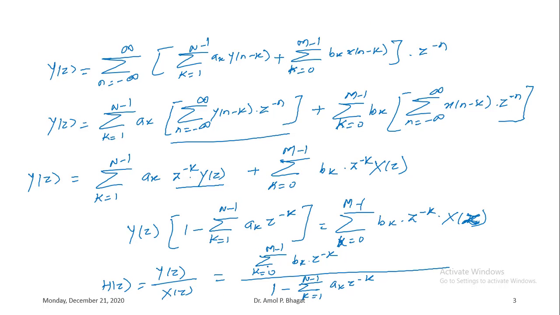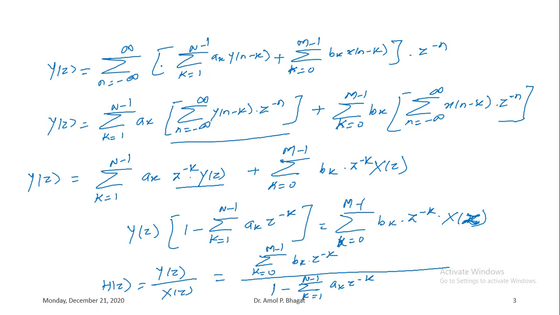So it comprises additions, delay, and multiplication by constant. Only these operations are involved in any system function or difference equation, right? So there are basic building blocks for these operations, and by using those basic building blocks we can realize the given discrete time system, correct?